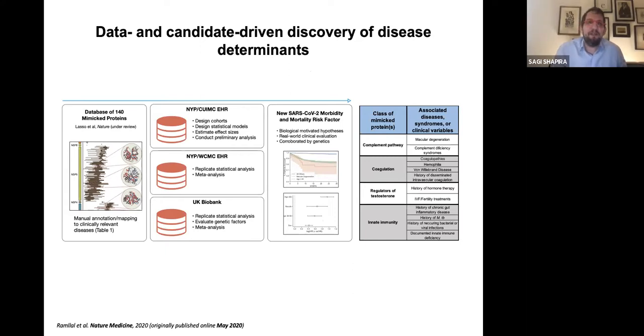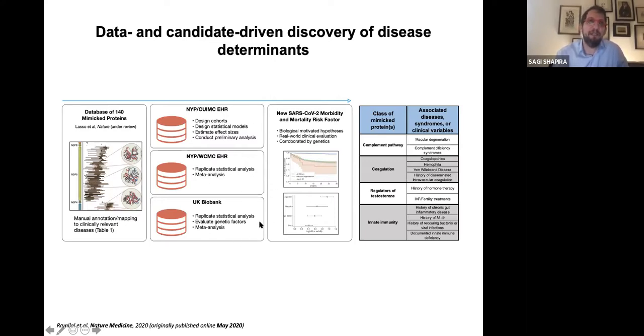Now, some of these factors may influence the viral life cycle, some may influence immune response, and some may influence the pathogenesis of disease. So we start off with this database of structure encoded mimics encoded by coronavirus.